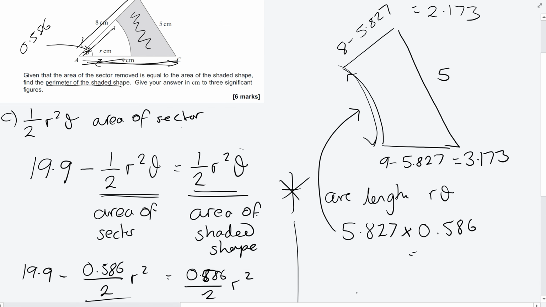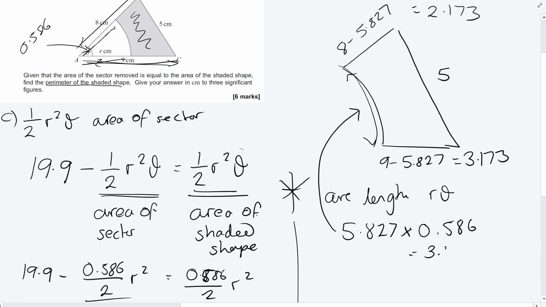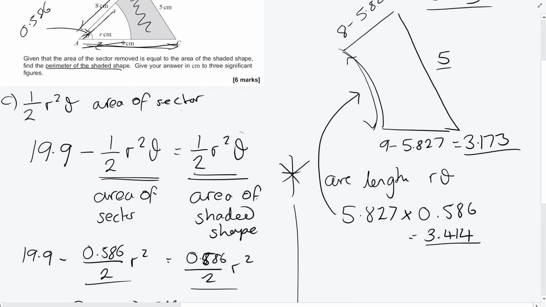And then finally the arc length, which is 5.827 multiplied by our theta value 0.586, which comes to 3.414. Everything here is in 4 significant figures, which allows me to correctly find my answer in 3 significant figures without worrying about a rounding error.